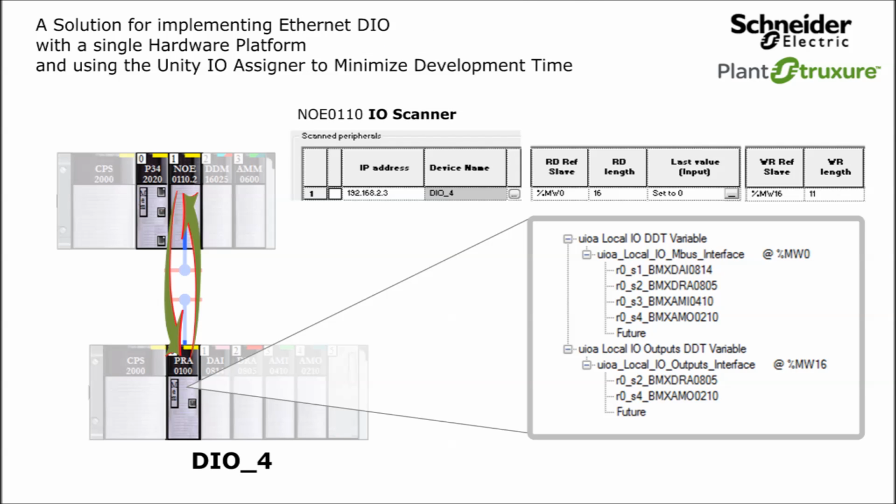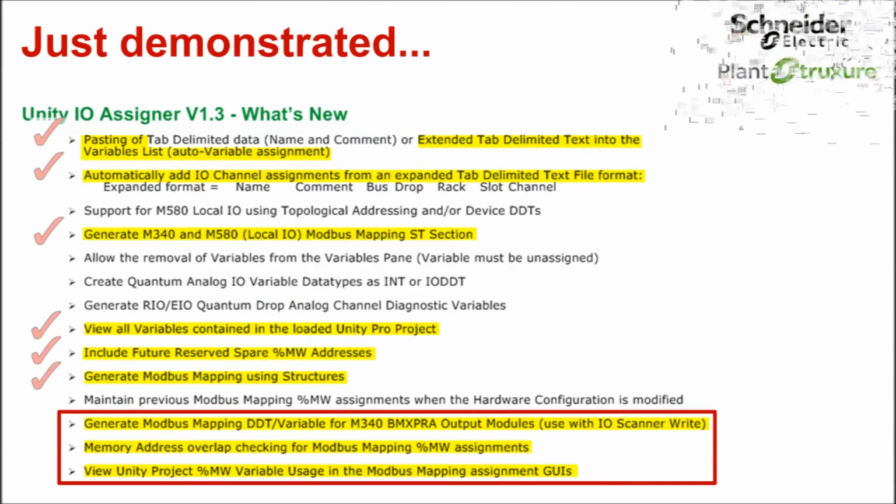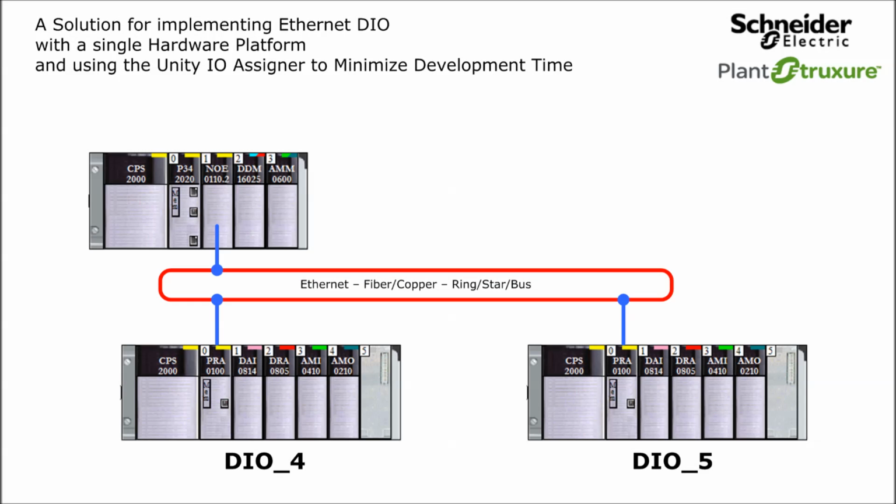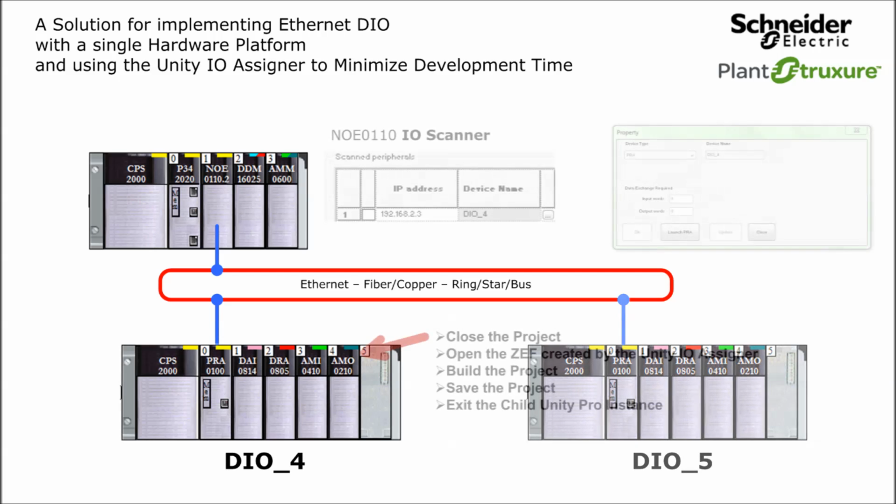Here is the master M340 NOE IO Scanner configuration. And now, checking that feature demonstration list one last time. I have demonstrated all of the highlighted features, but I am not done yet. I need to get the Unity IO Assigner produced content for DIO4 into the Unity project for the real-world MODICON M340 system.